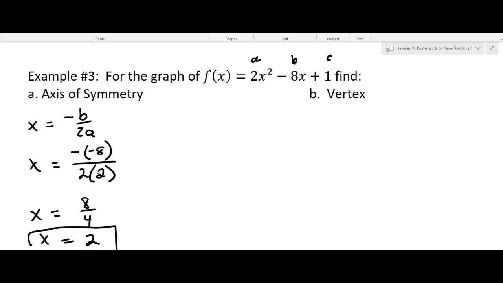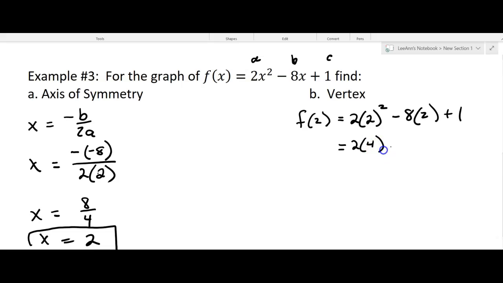To find the vertex then, I have to find f of 2. So I plug in 2 for x, and I get 2 times 4 minus 16 plus 1.